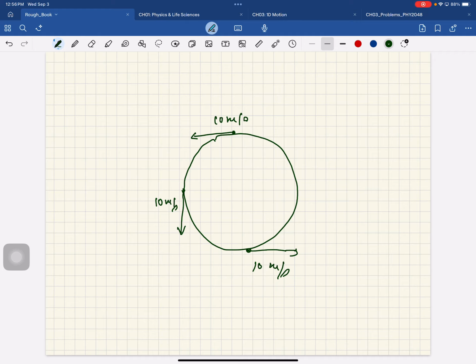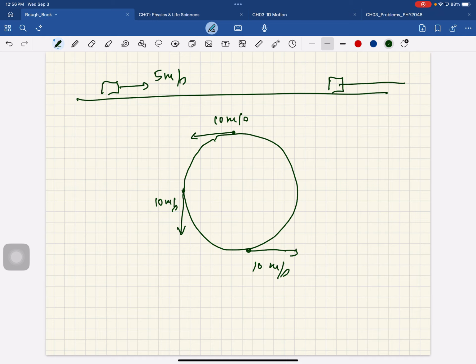So we will define two extreme cases of acceleration. Velocity, remember, is a vector. As long as the velocity vector changes, then you're accelerating.